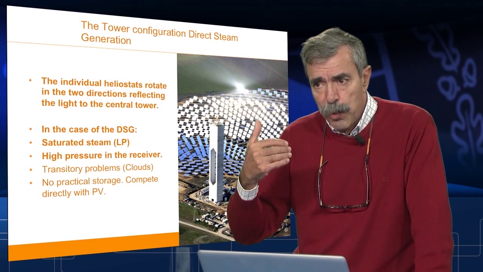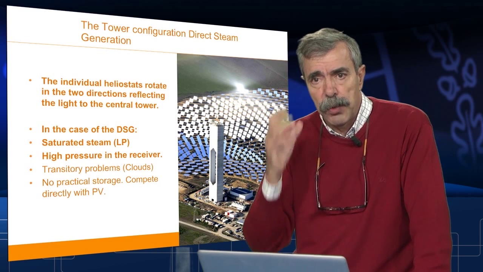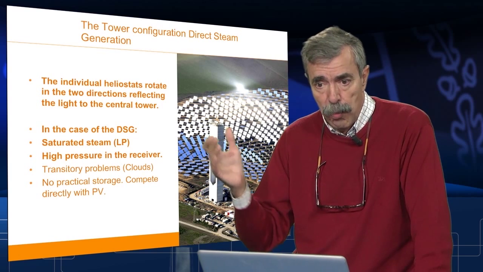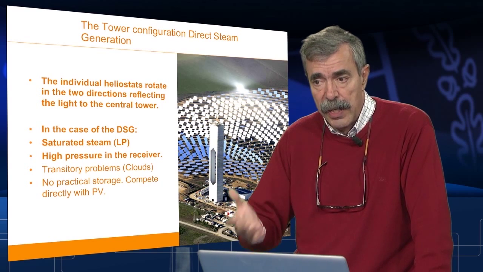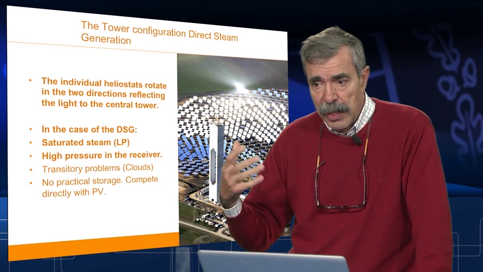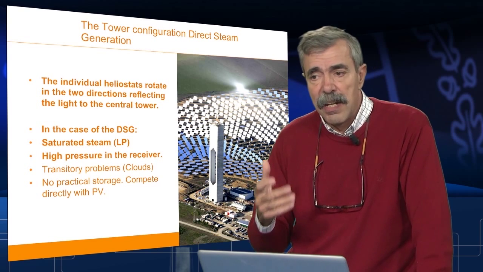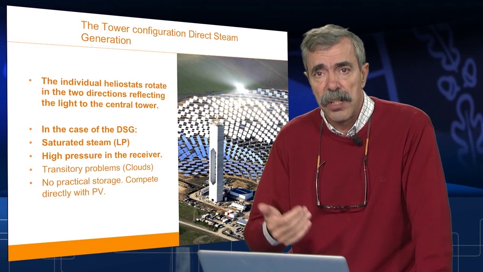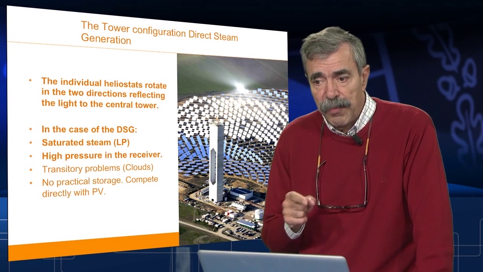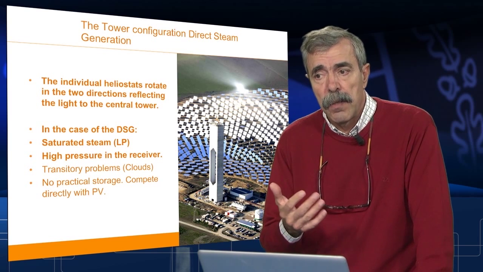The receiver is exposed to very, very high temperatures, but variable temperatures, meaning that during the night it will obviously be cold, then during the day it reaches impressive temperatures. So the tubes are exposed to difficult conditions due to the change in temperature. On top of that, in that particular receiver you are generating steam.